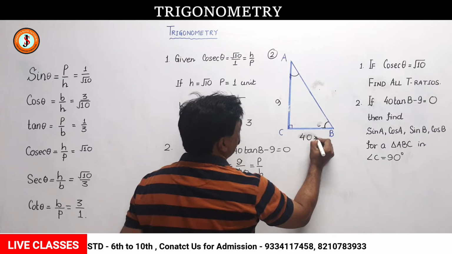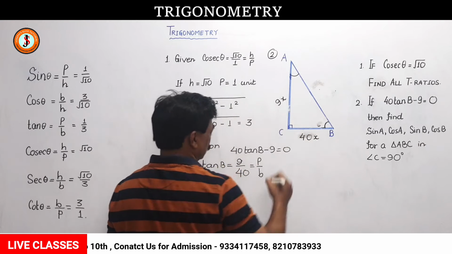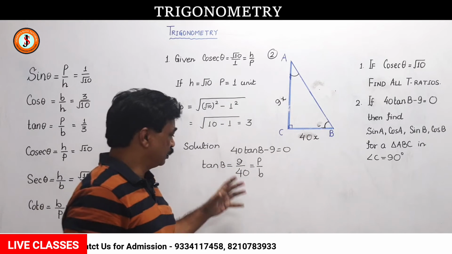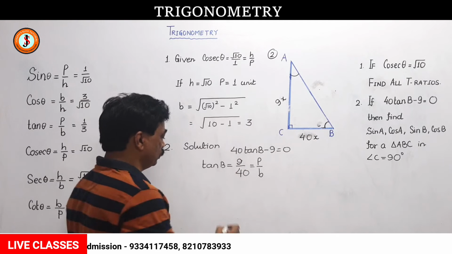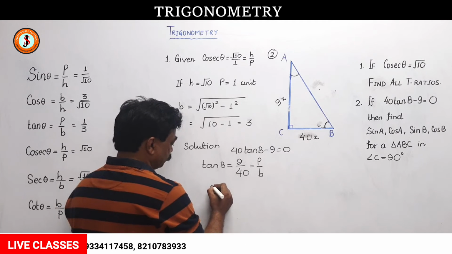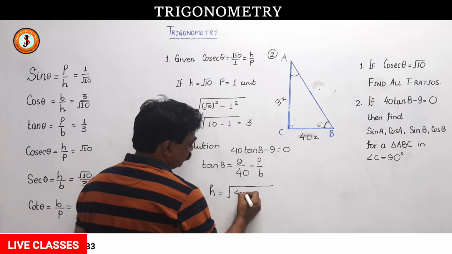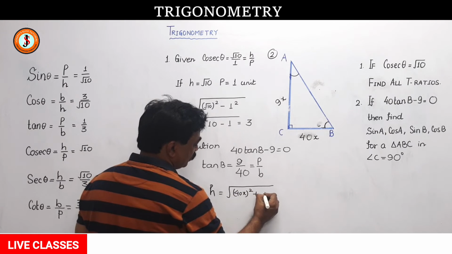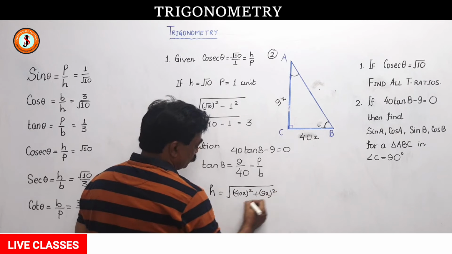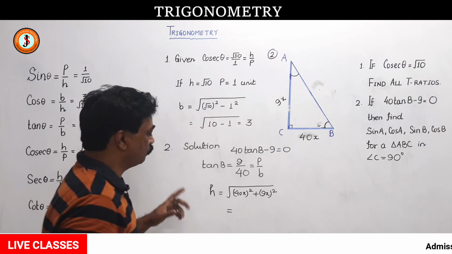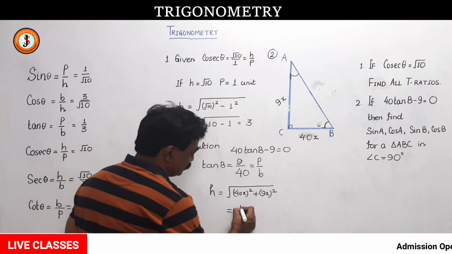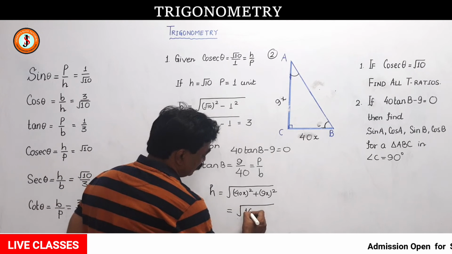This time let us give it x and try to solve this way. Because the ratio is given, perpendicular is 9x and base is 40x, so hypotenuse will be straight away the square root of the sum of the squares, 40x the whole square plus 9x the whole square. So this will be 1600x square plus 81x square, that is 1681x square.